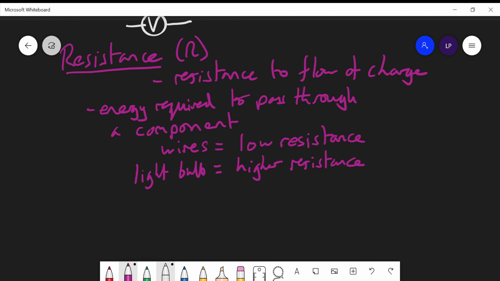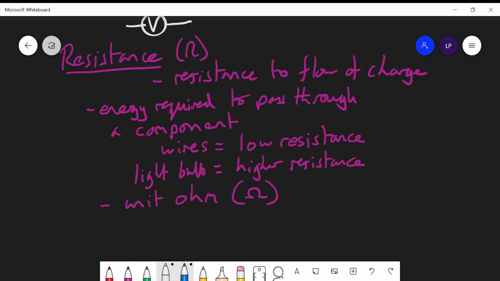And resistance is measured using both voltage and current. Its unit is called ohms, represented by the omega symbol.